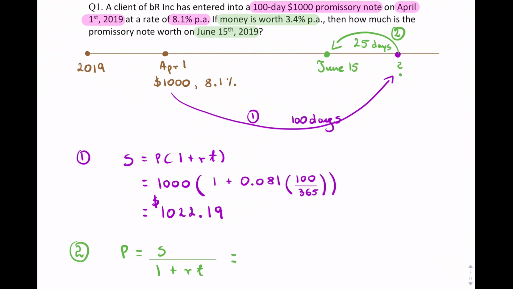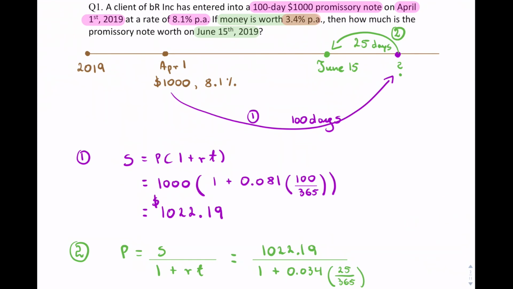Well, S is 1022.19, divided by 1 plus our interest rate, now 0.034. Please remember, right here on top, that's where that comes from, and that is only 25 days.